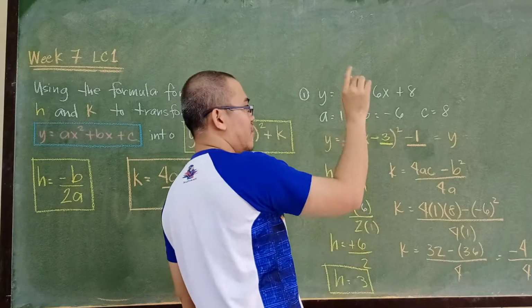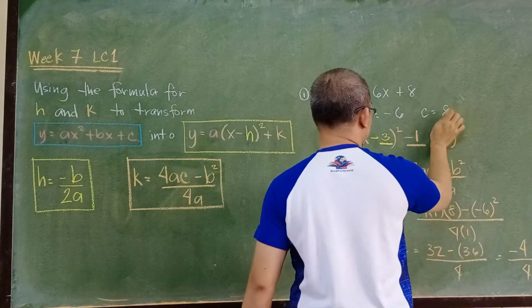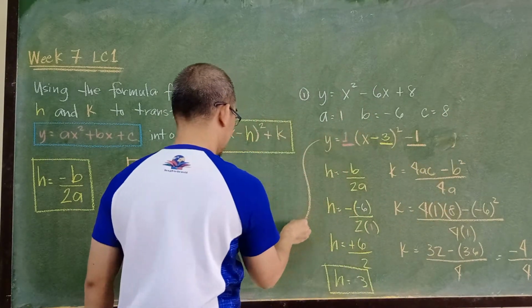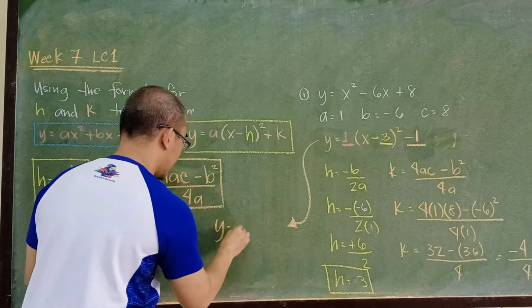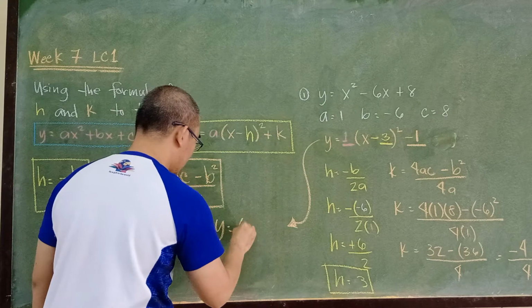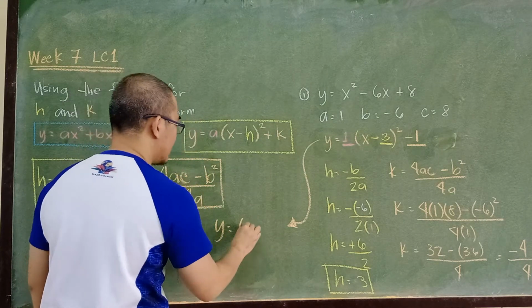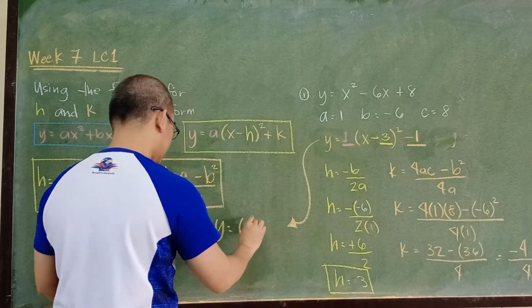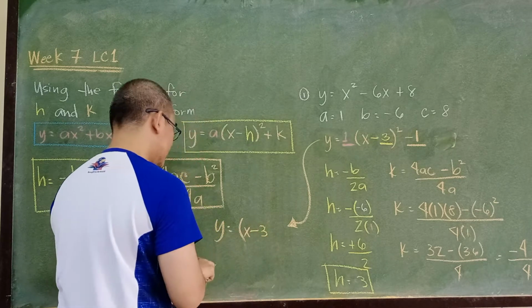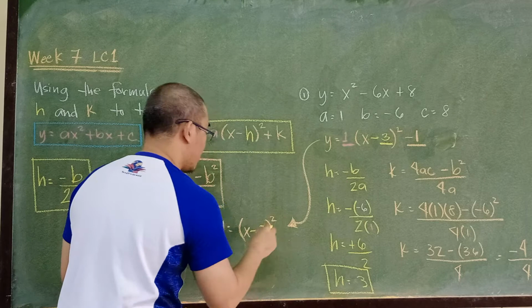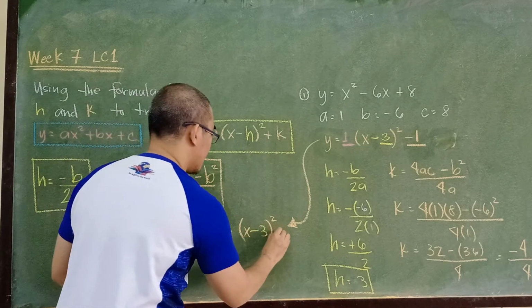Yung 1, kahit wag mo isulat, okay lang. Understood naman na meron kang 1 dito. y equals x minus 3 squared minus 1.